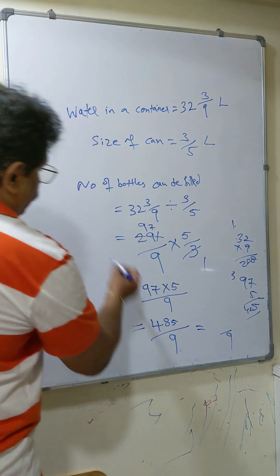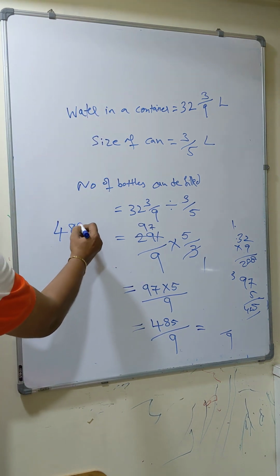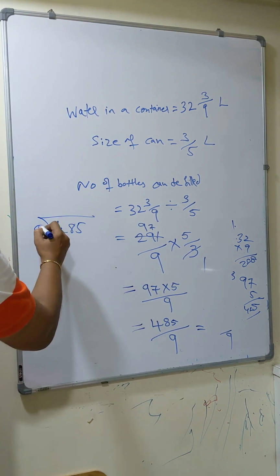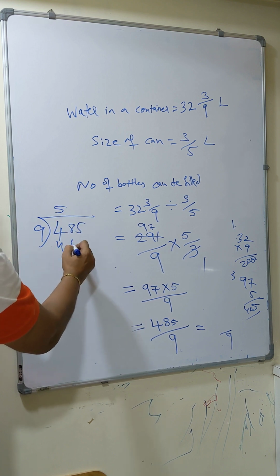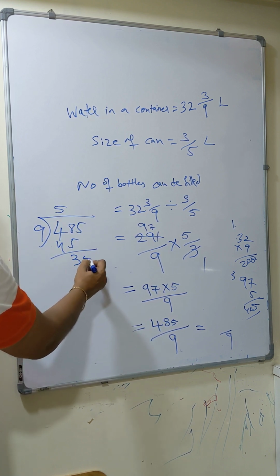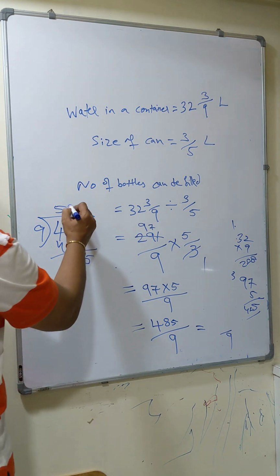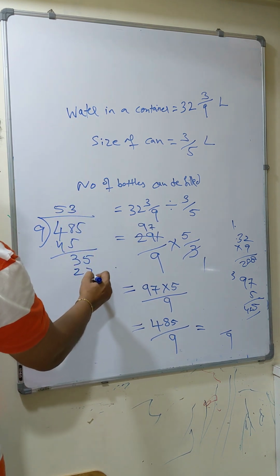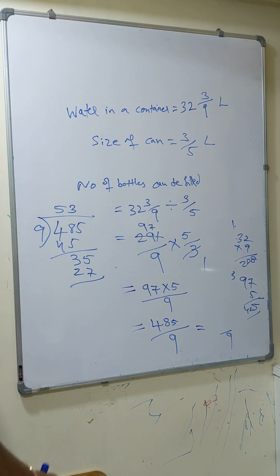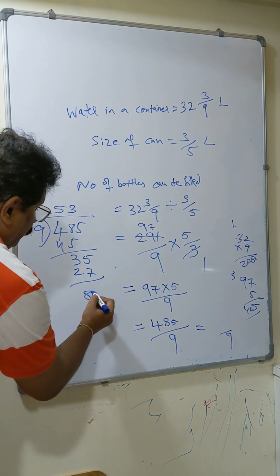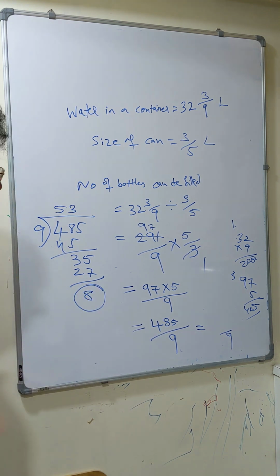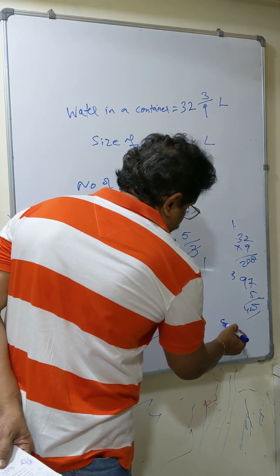Now I'll divide 485 by 9. 9 fives are 45, 3 remaining, 35, then how much? 9 fours are 36, 9 threes are 27, 27 from 35, balance is 8, remainder is 8. The remainder below, we write above as the fraction.